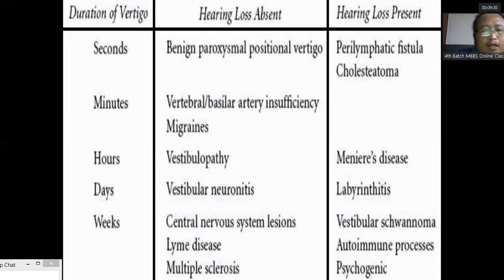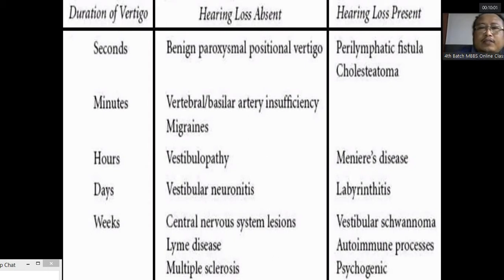And not to forget, always ask for the duration, whether the rotary type vertigo is for a few seconds, a few minutes, hours, or it was for days or weeks. And this will be the simple classification where you can differentiate the different types of vertigo.